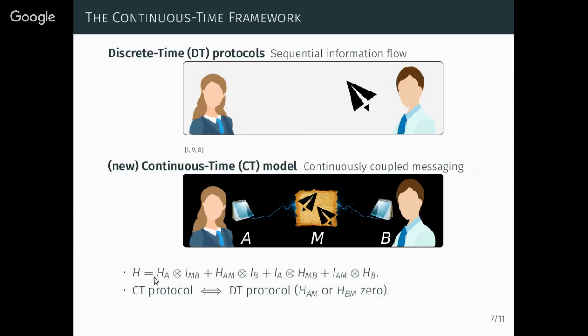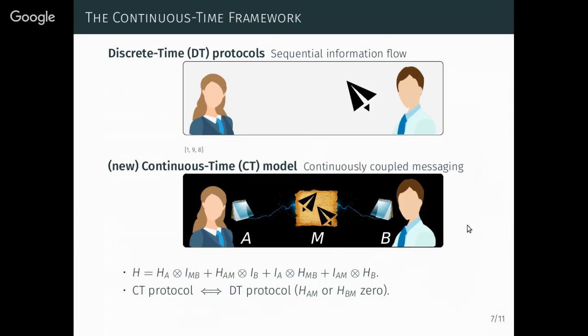Since I'm not just describing coin flipping, it's possible that, just like any communication, I want to do some computation before sending it to you. For instance, I want to make the presentation before I send you the presentation. So making the presentation will be encoded in HA, and sending it to you would be first encoded in HAM, and then consequently in HMB, so that you finally get it. And then with HB you can say the presentation is good or bad using your HB Hamiltonian. Yeah, so that is the idea.